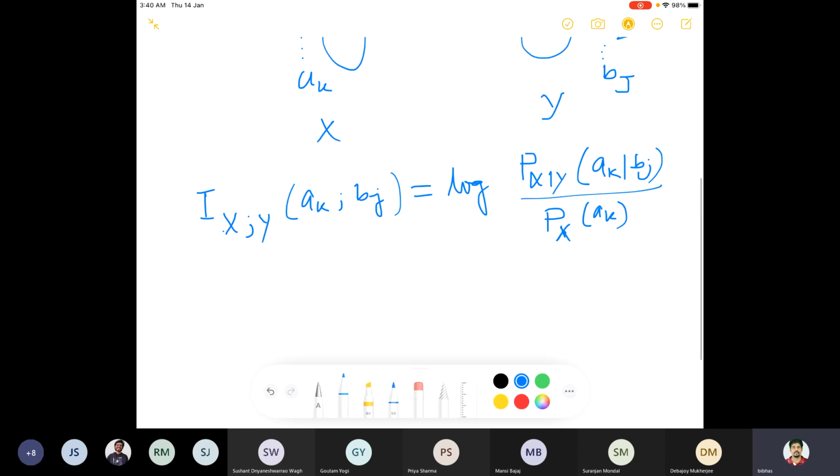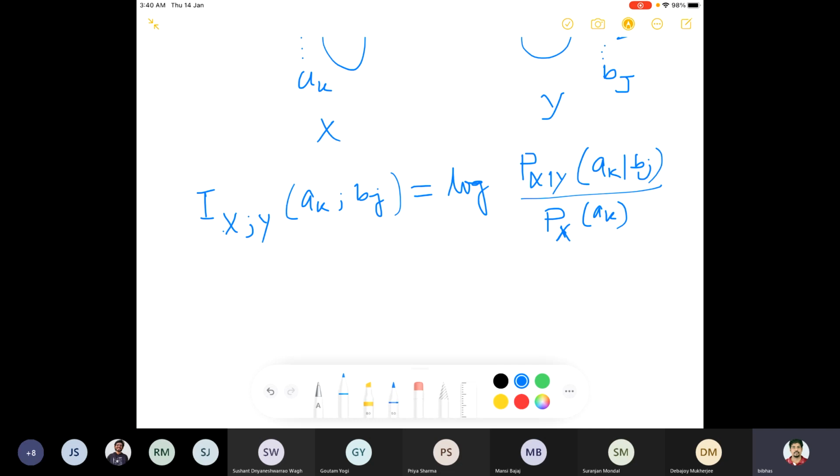What we mean by this quantity is that it is a number measured in bits. This many bits of information is supplied when you know that bj has occurred, for which ak must have been transmitted. So bj is received when ak was transmitted.